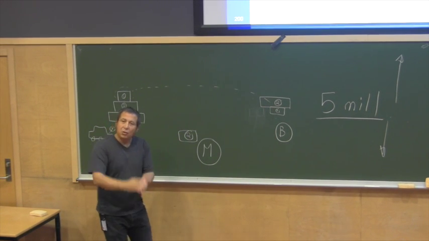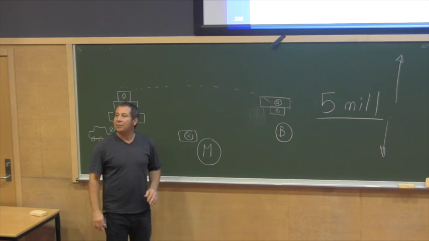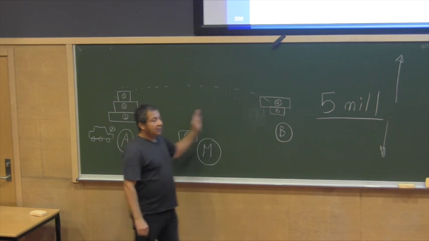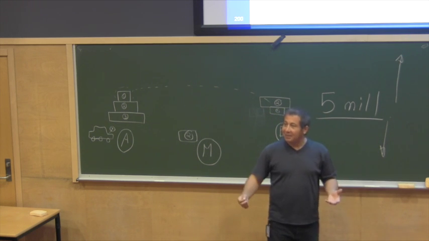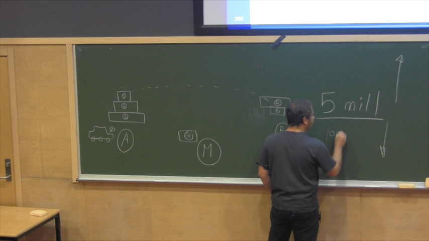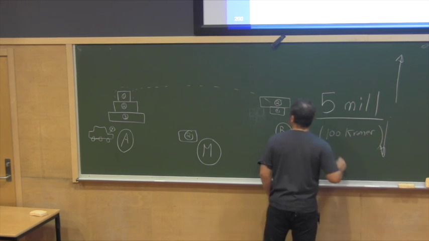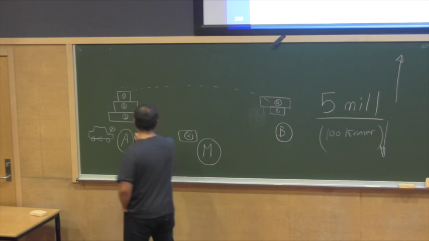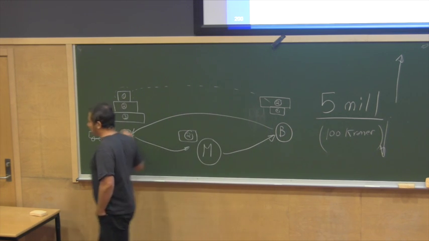The smaller block should be above the bigger block all the time, wherever we have. And now let's say our estimate database says that it costs 100 kroner for each travel between the different stations from A to M, from M to B, and from B to A.